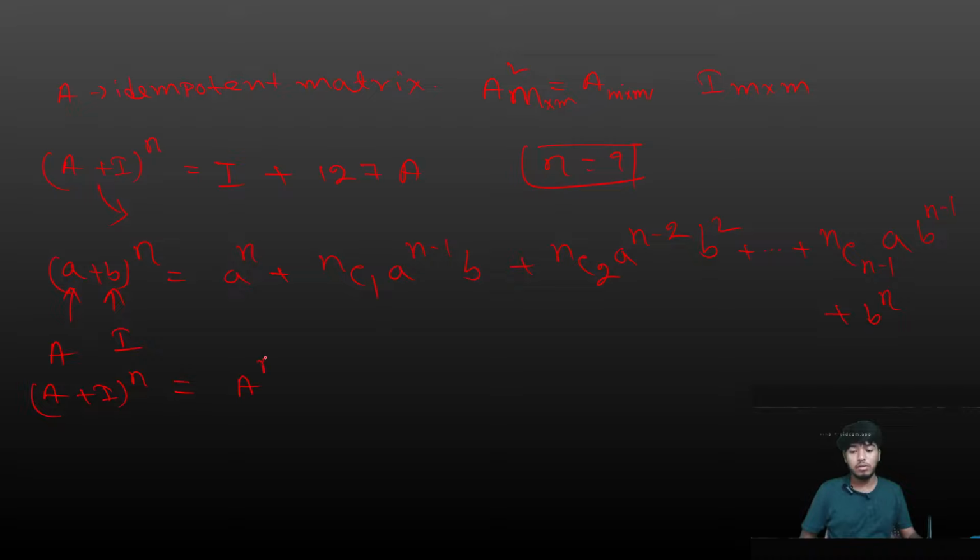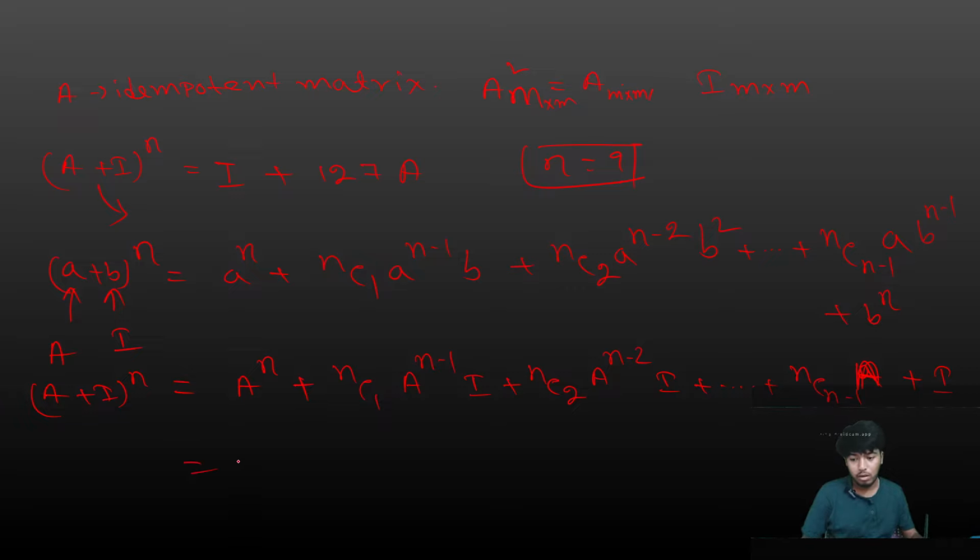A^n + nC1 A^(n-1), B is identity, nC2 A^(n-2), B is again identity, identity square is identity, and so on, up to nC(n-1) A, this one is again identity, plus this last one is identity.